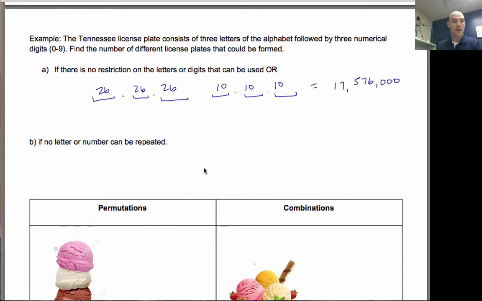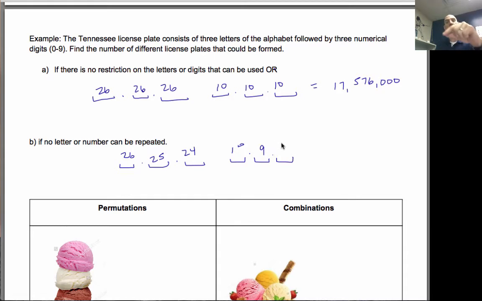All right, next variation, no letter or number can be repeated. This is a variation of the one above. And so I'm going to have 6 options, 6 ways to choose again. But I'll start with my first one. I've got 26 letters. If it can't be repeated, then it'd be 25, and then 24. Then I go to 10, because I've got 10 options for my first one, but then I can't repeat that digit, so it's 9.